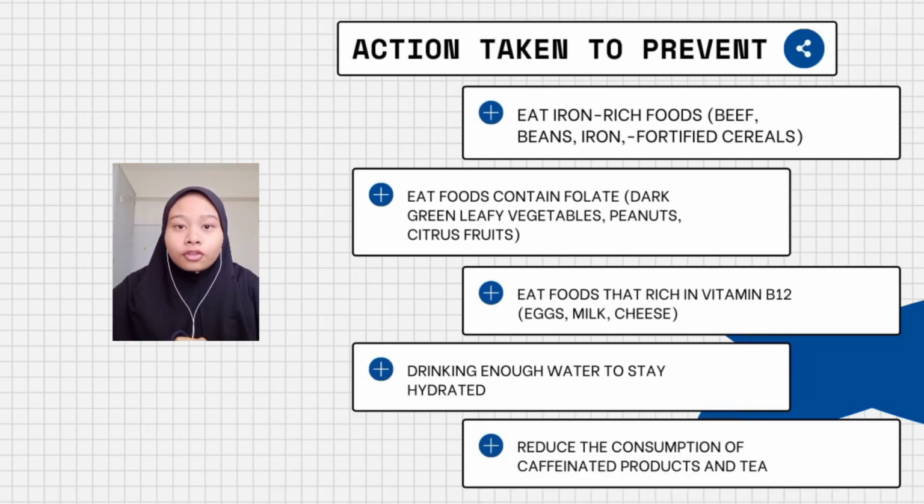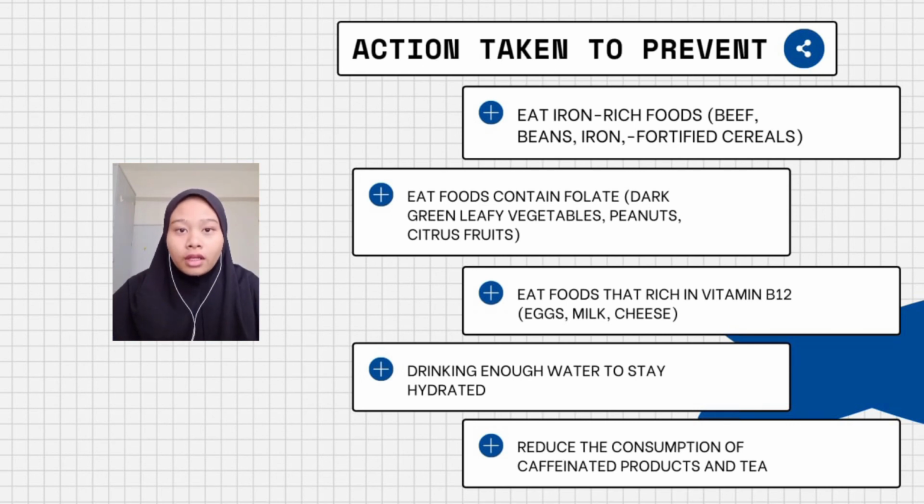The actions taken to prevent anemia from getting worse are eating iron-rich foods, for example, beef, beans, and iron-fortified cereals. Eat foods that contain folate, which are dark green leafy vegetables, peanuts, and also citrus fruits. Eat foods rich in vitamin B12, such as eggs, milk, and cheese.